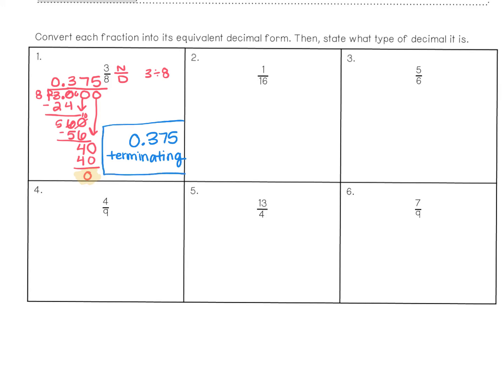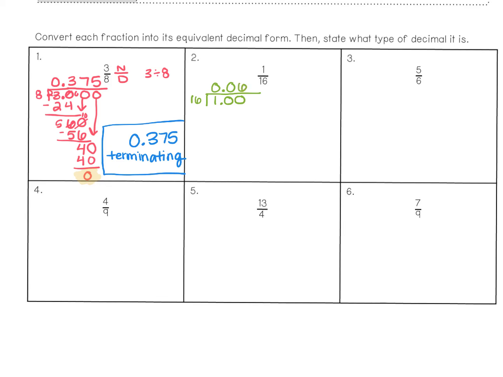The next example is 1 over 16. So I'm going to divide the number 1 by the number 16. Obviously, I know that 16 doesn't fit into 1, so I'm going to add my decimal. But 16 doesn't fit into 10 either, so I'm going to add another 0. And 16 does fit into 100.